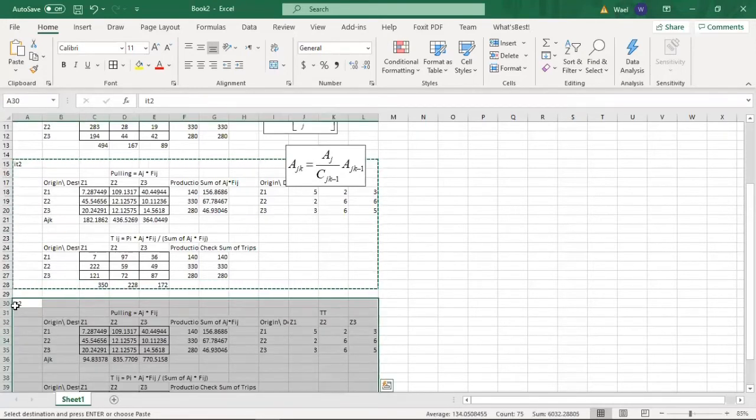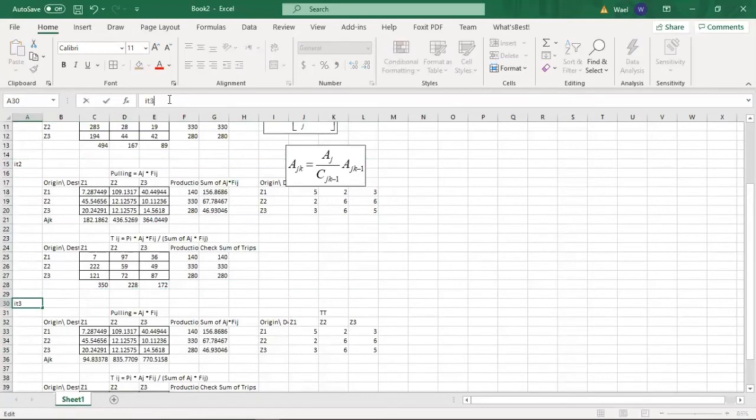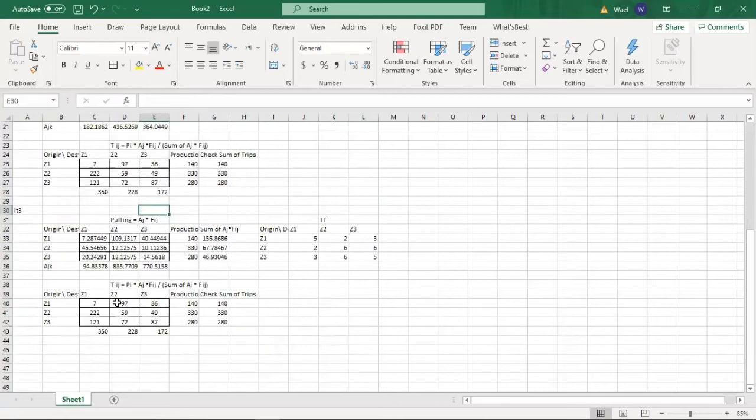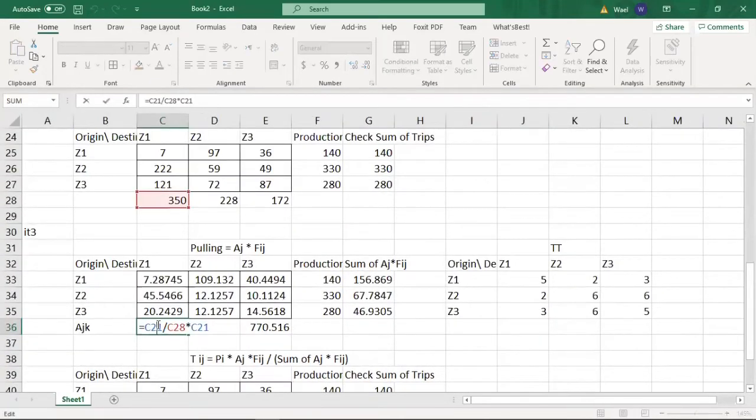Okay, so this is going to be iteration 3, but I still have to modify some of the functions. So here we have, basically, this one is supposed to be the 300, the original 300 over there.